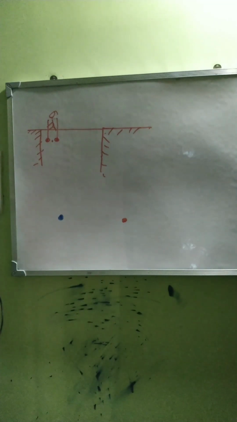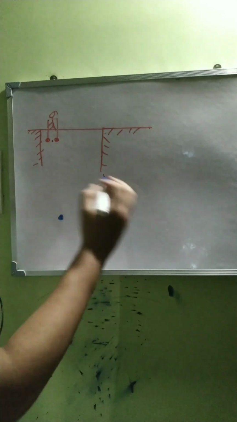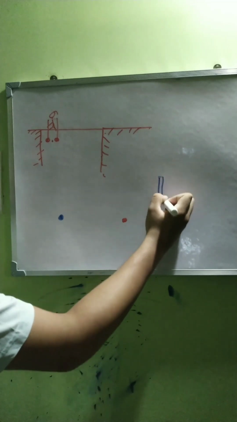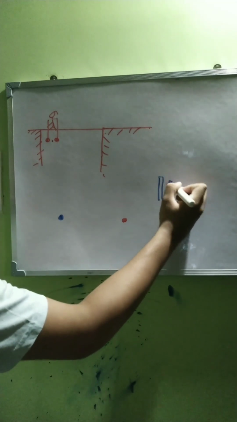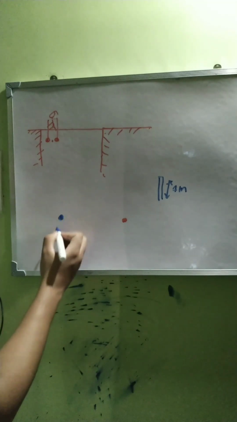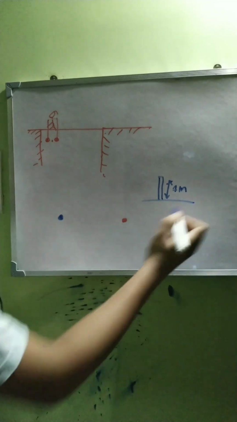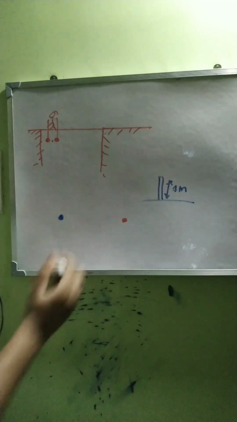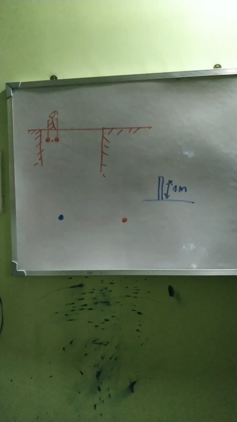Now I had also mentioned in the question that the length of the legs of the man was 1 meter. That means the distance of the center of mass of the man from the rope is 1 meter. This is the rope, and the center of mass of the man is present 1 meter above the rope.